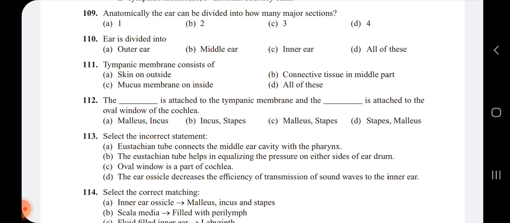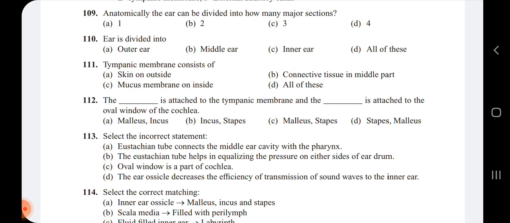Next question. The dash is attached to the tympanic membrane and the dash is attached to the oval window of the cochlea. So here the tympanic membrane is attached to the middle ear, which has three bones, that is malleus, incus and stapes. The first part of the middle ear is the malleus, which is attached to the tympanic membrane of the outer ear.